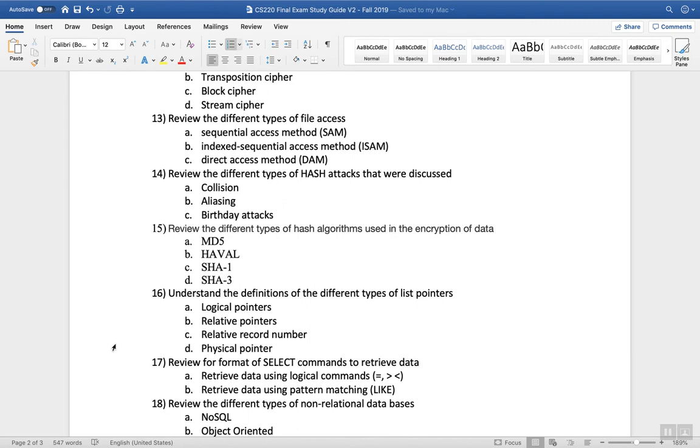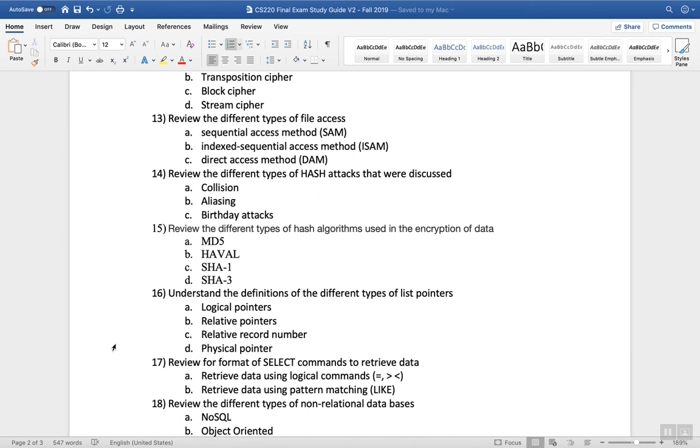And index sequential is something in between, where we use an index to create an alternative ordering of the data, outside of the actual table itself, that we can use as a shortcut to access data faster. So we use all 3.